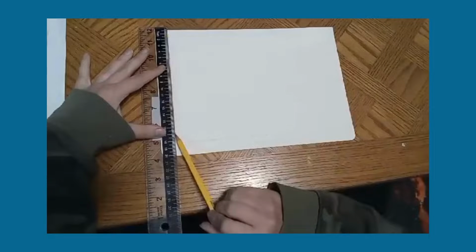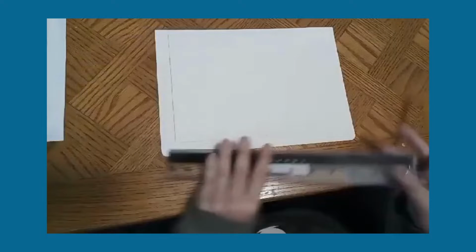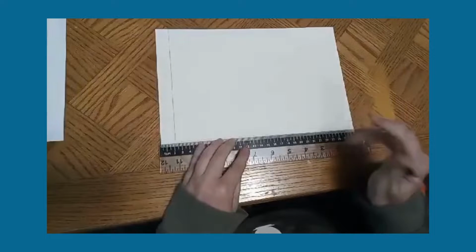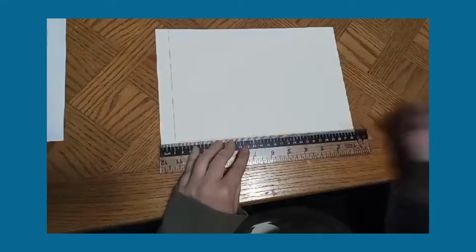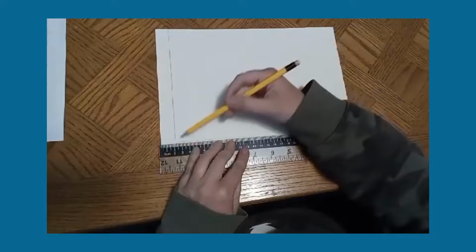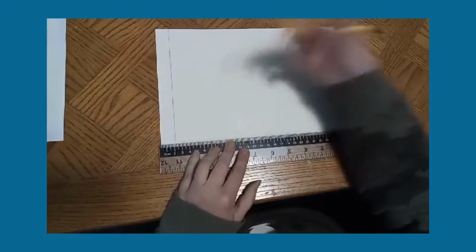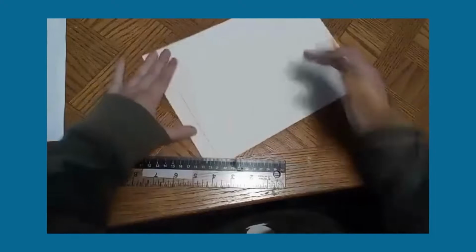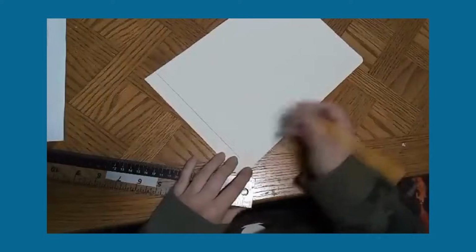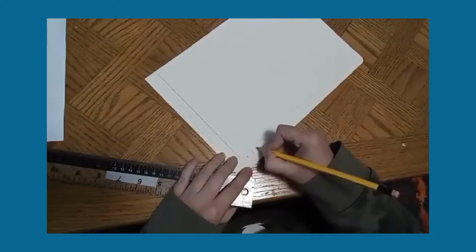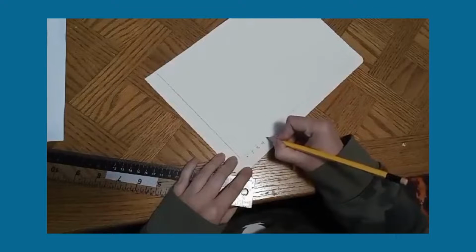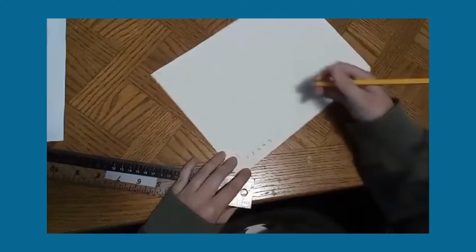So what you're first going to do is draw a line down your paper and a line across the bottom of your paper. And then you're going to measure out 1 centimeter ticks across both of these lines. And then you're going to number these ticks. So this one will be 1, 2, 3, 4, 5, all the way up.